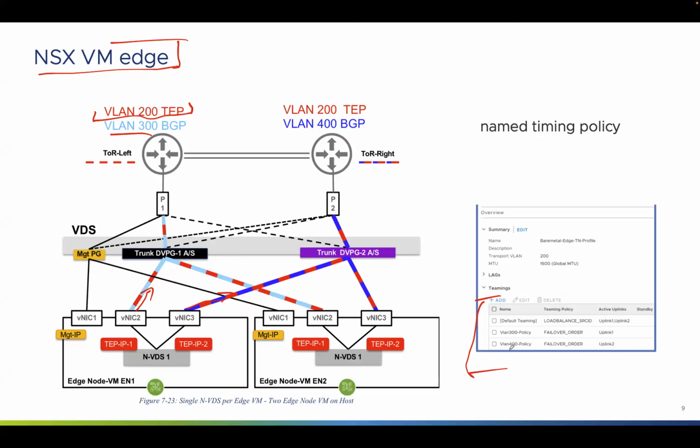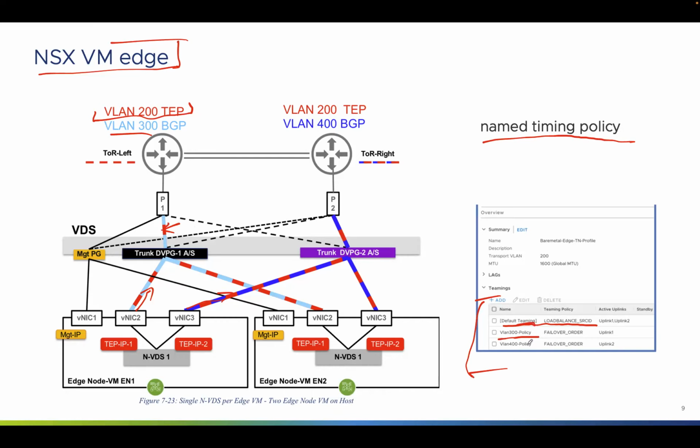We're just using something we talked about called a named teaming policy. If you look at this configuration, we have our load balanced teaming policy, which is the default teaming policy for the overlay traffic.